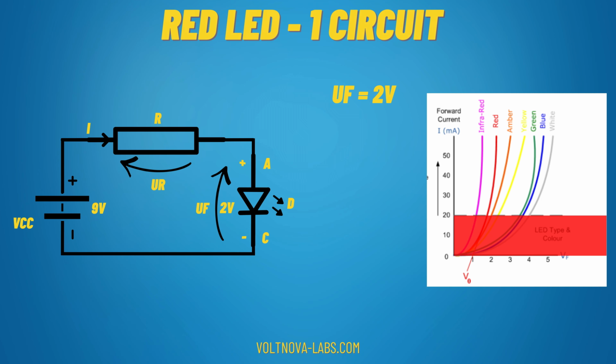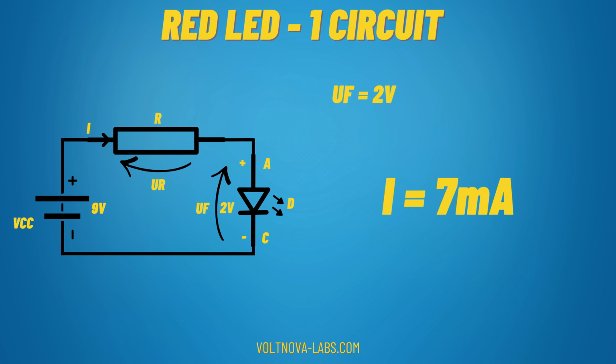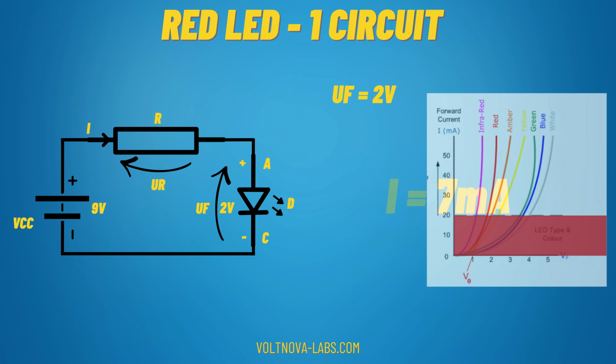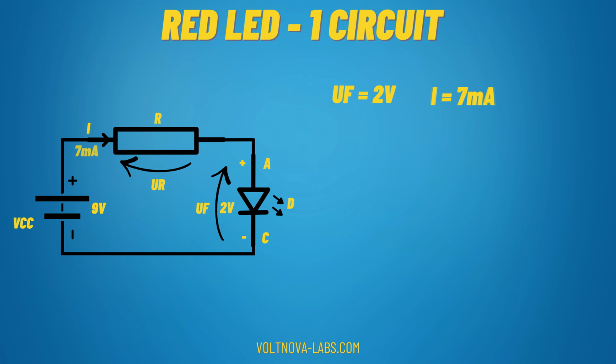But what current value is good? Well, we can actually choose it as we want. The important thing is that it's less than 20 milliamperes and greater than 1 milliampere. To make the calculation easy, I will choose that 7 milliamperes will flow in our circuit. The formula for resistance is U divided by I, right?